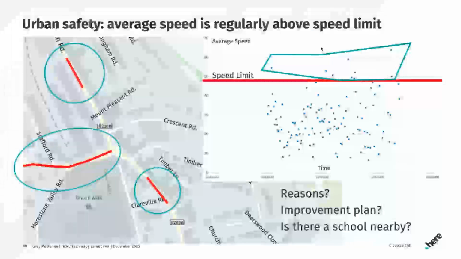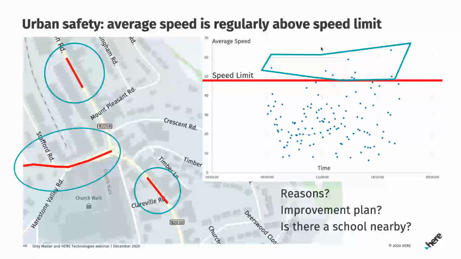Another example, urban safety. We know that more and more people are moving to big cities, and urban safety has become a very critical point. Using historical traffic data, it's possible to analyze drivers' behavior.